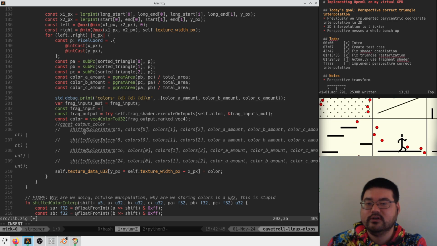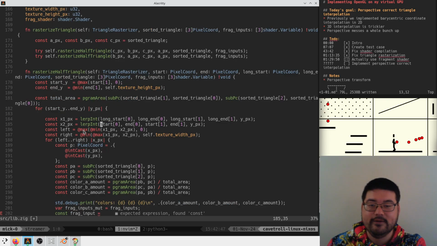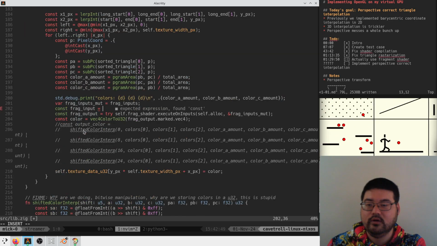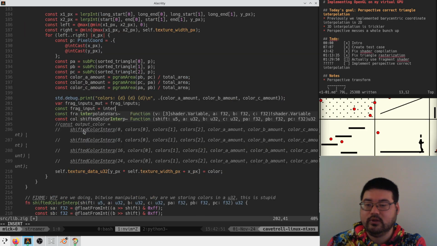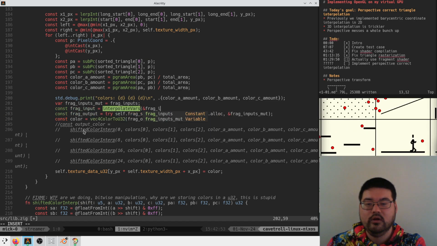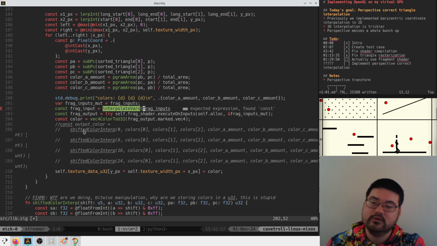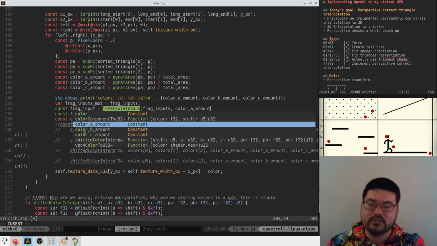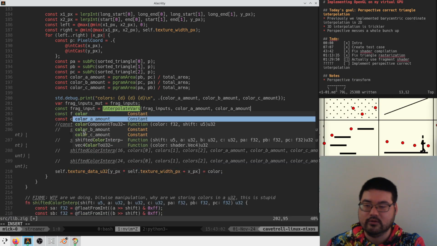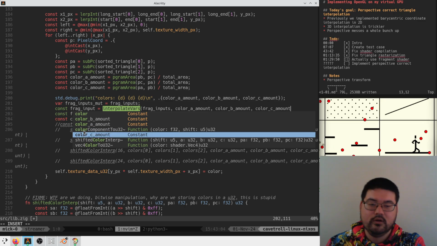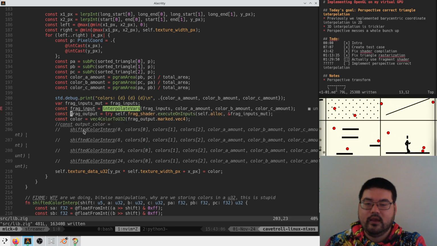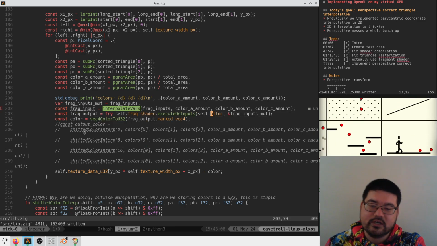So I guess we take in the inputs here. So interpolate vars. We take in the frag inputs, and we use what we were previously calling color A, color B, and color C. And we use this as our single input here.